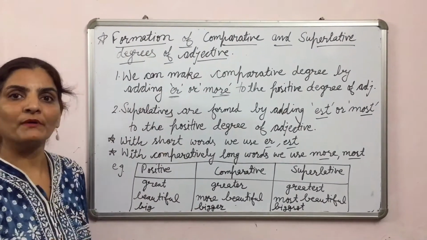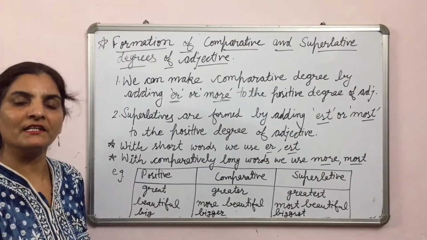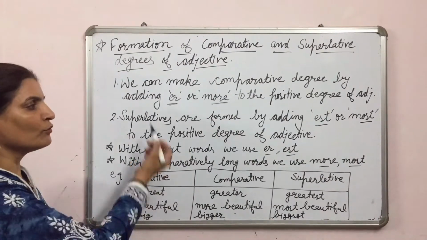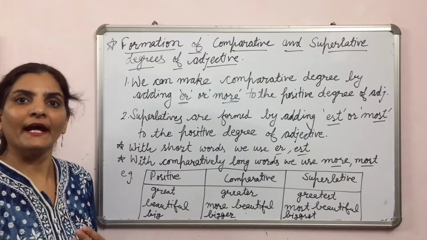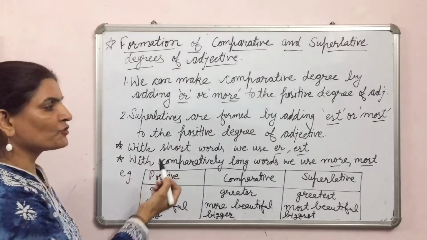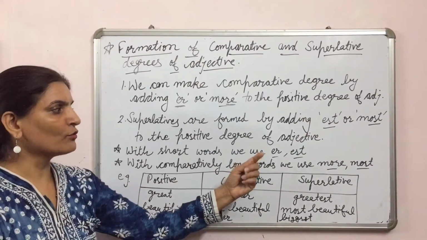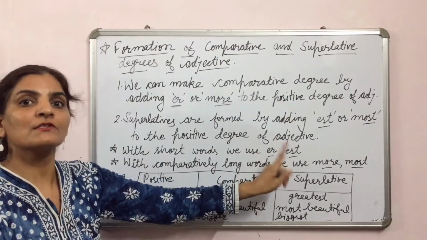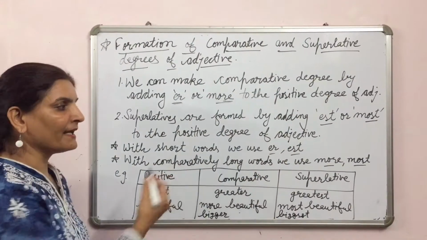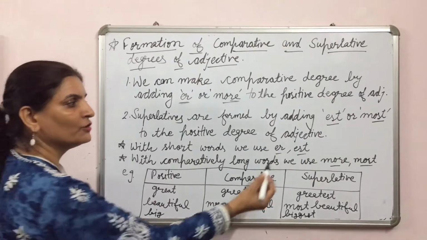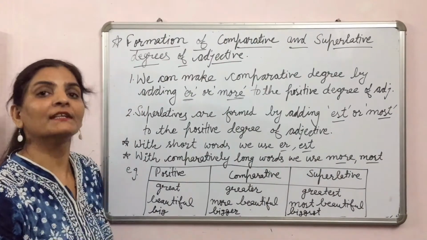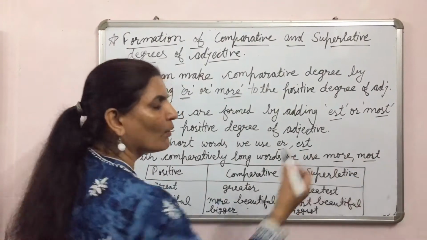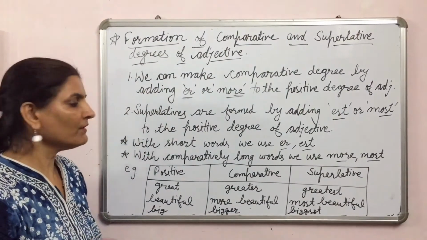Superlatives are formed by adding est or most to the positive degree of the adjective. With short words, we use er for comparative and est for superlative. With comparatively long words, we use more with comparative degrees and most with superlative degrees.